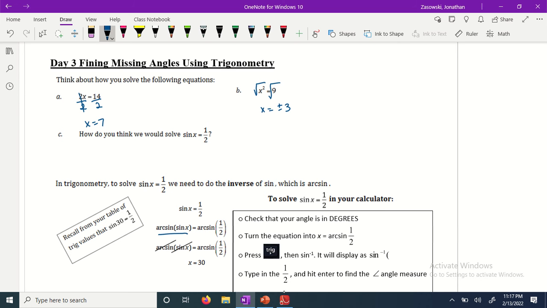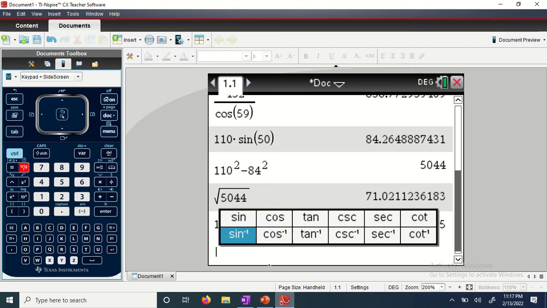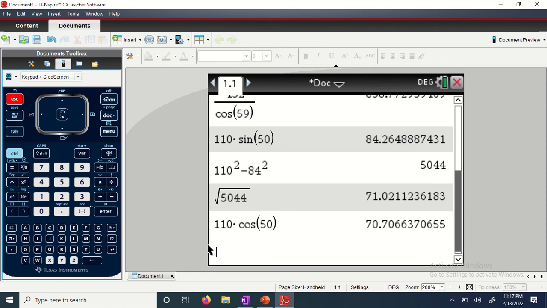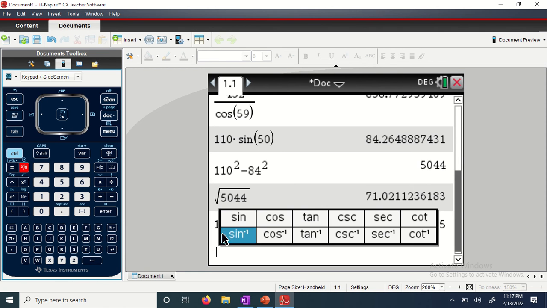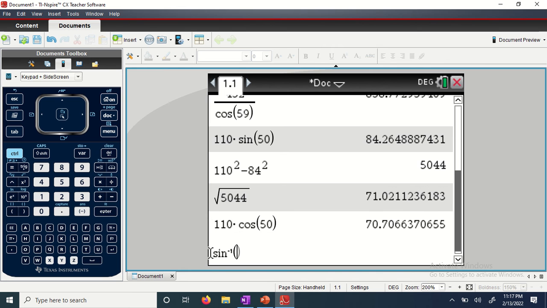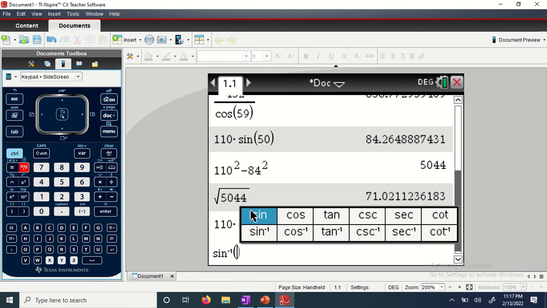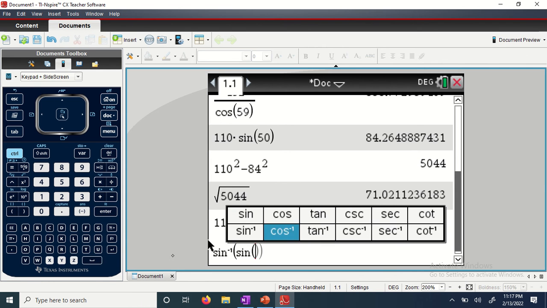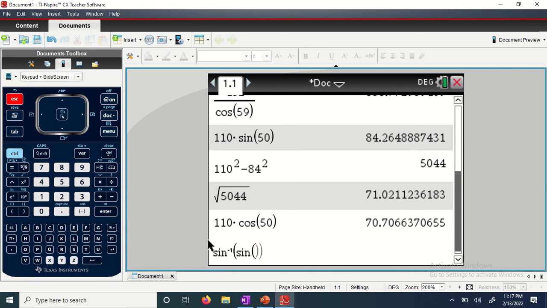It's the same thing, sine inverse as writing arc sine. So what we're going to do is take this 1/2, and you can watch, we can take the calculator. If we pick any angle measure that's between 0 and 90, and take the sine inverse of the sine of that number, let's just type in 42.